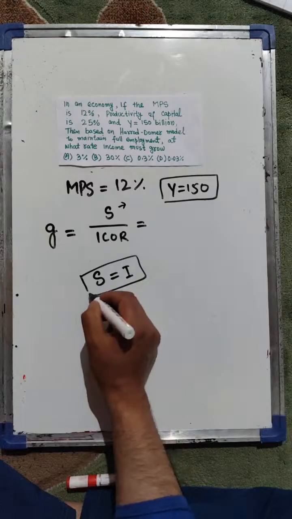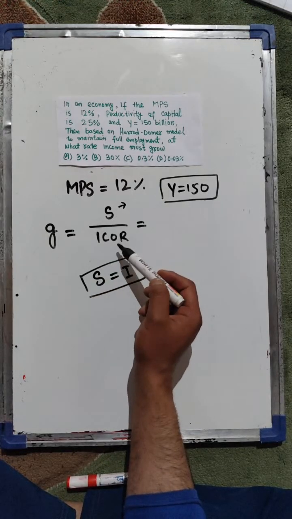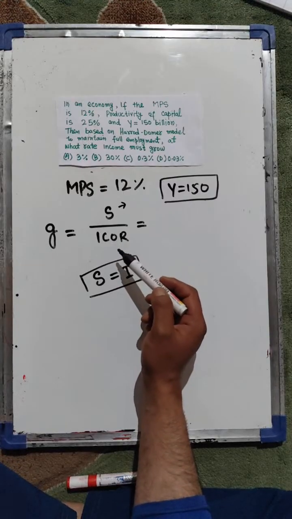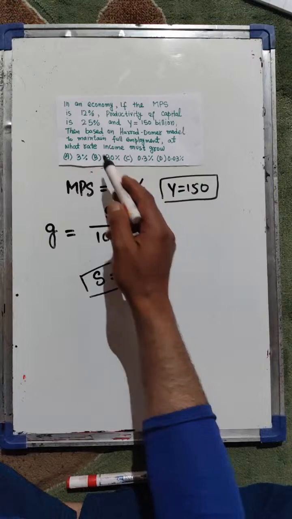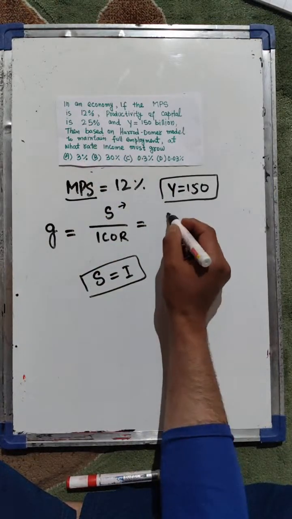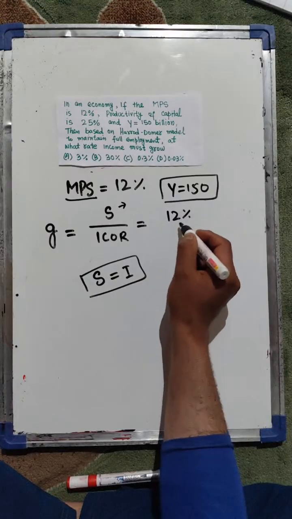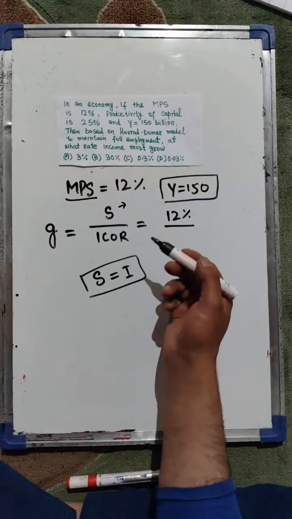So the growth rate of output is simply the ratio of savings and the incremental capital output ratio. Since marginal propensity to save gives us the savings function, here we have 12% divided by productivity of capital, meaning the incremental capital output ratio.